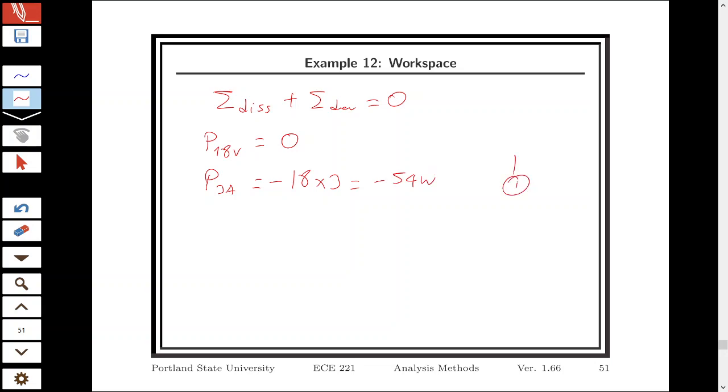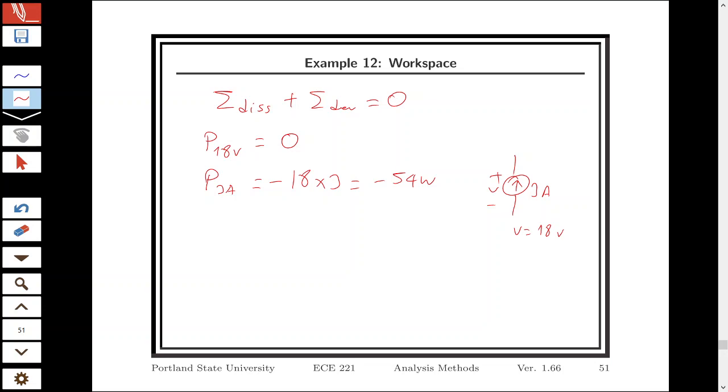So what we have done is something like this. So this is the 3 ampere source, and V equals 18 volts. Due to KVL, right?